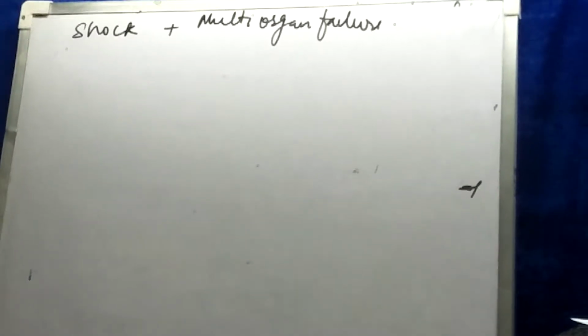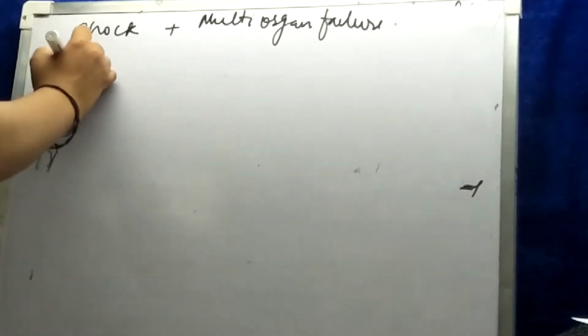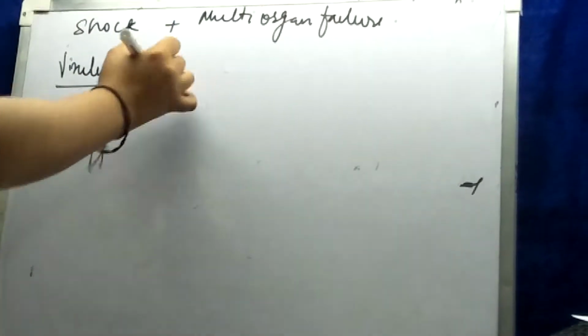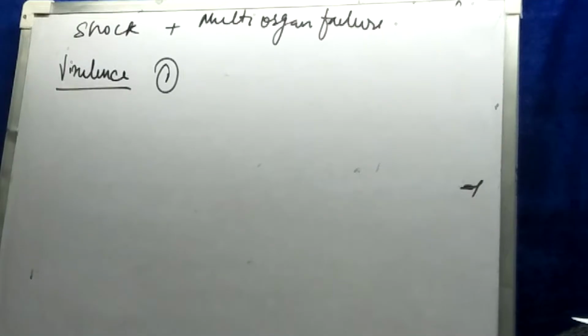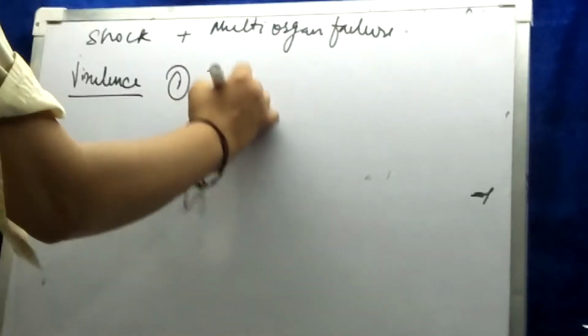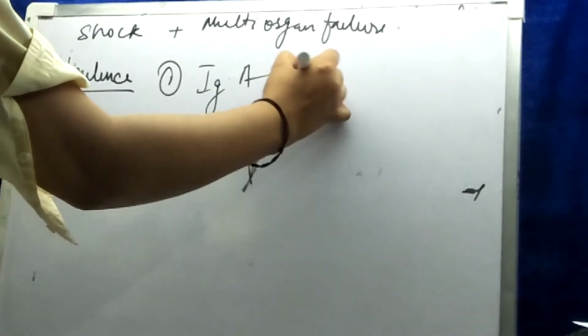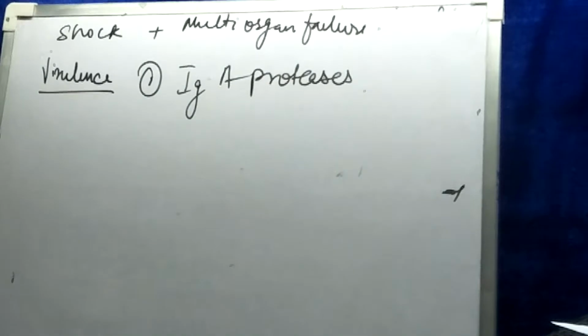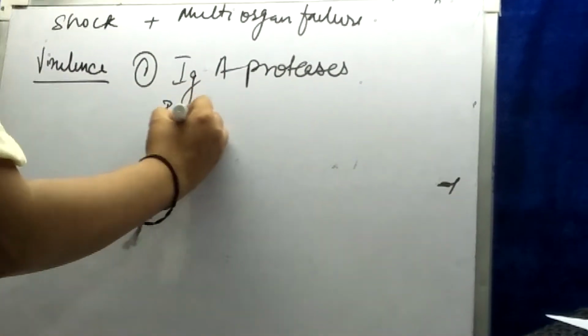What are the virulence factors in meningococcus? First, it evades the immune system, in which it produces IgA proteases and a polysaccharide capsule.